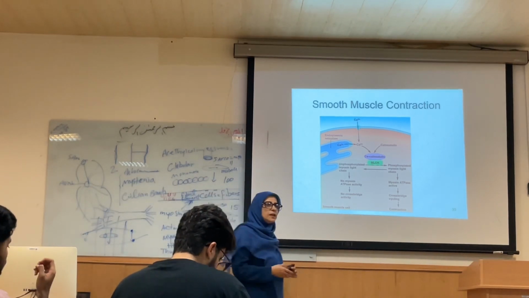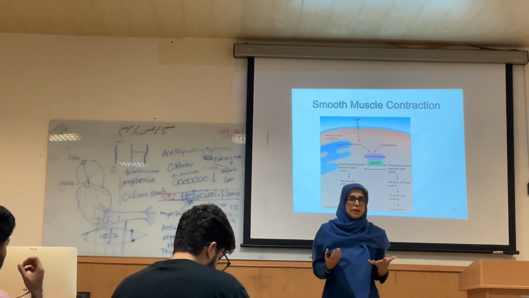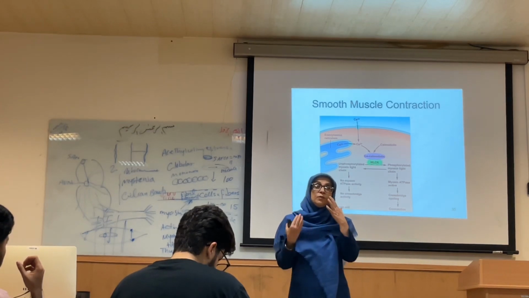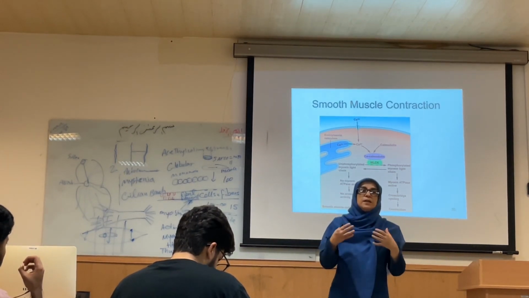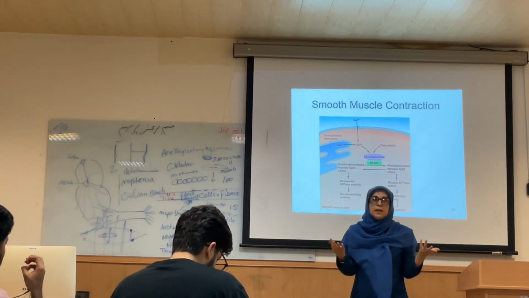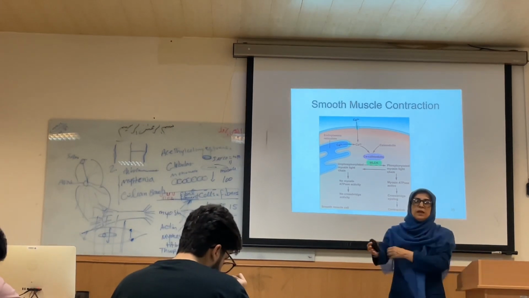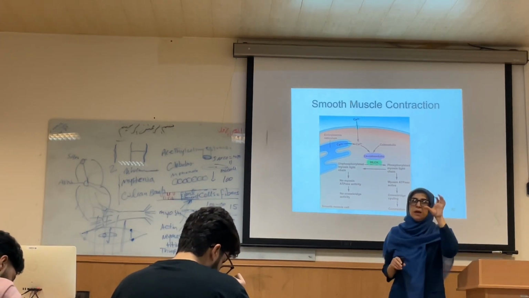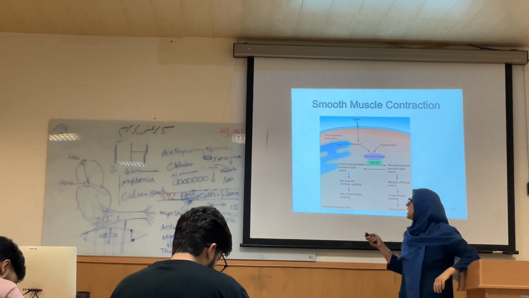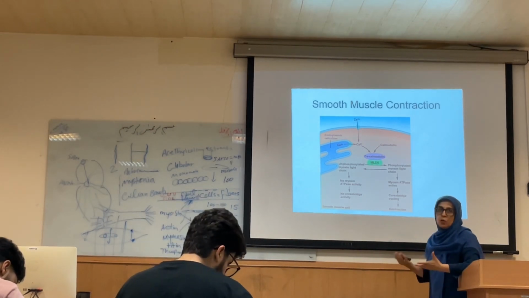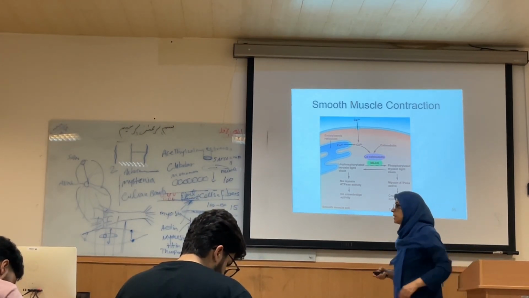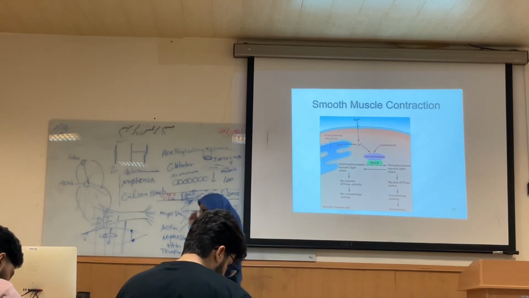This finally results in contraction. It means in smooth muscle there isn't any troponin, because troponin has a site for calcium. Here calmodulin has this role, and they don't have any troponin.